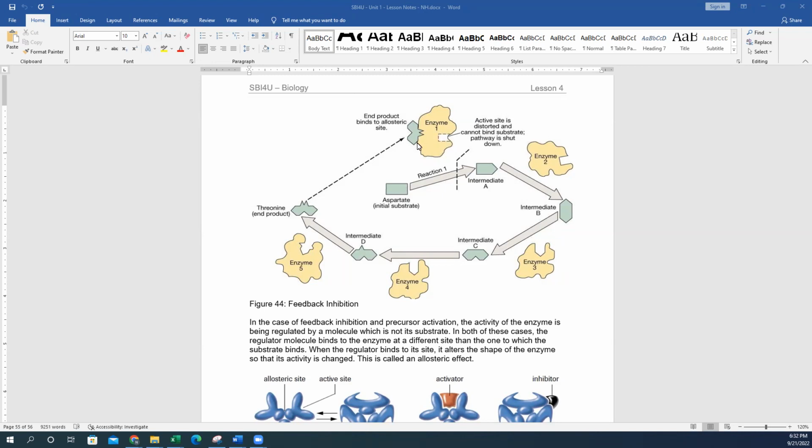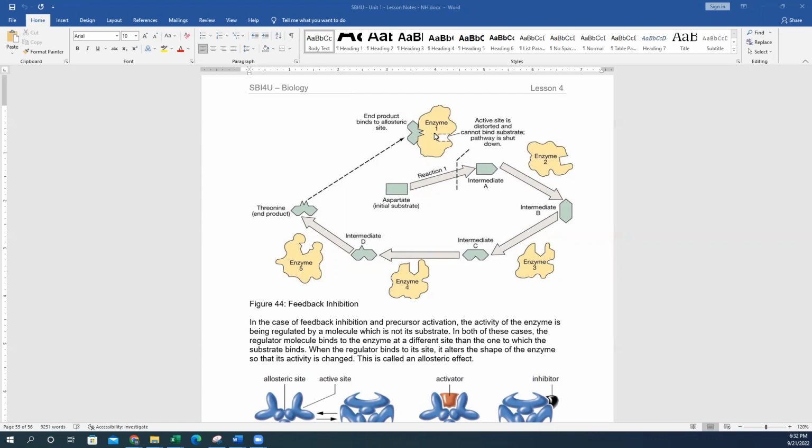And so as a result, the binding of this end product of the pathway to this upstream enzyme shuts down the pathway. It doesn't allow this pathway to go on anymore. So in the case of this feedback inhibition, this causes the shutting down of the pathway.